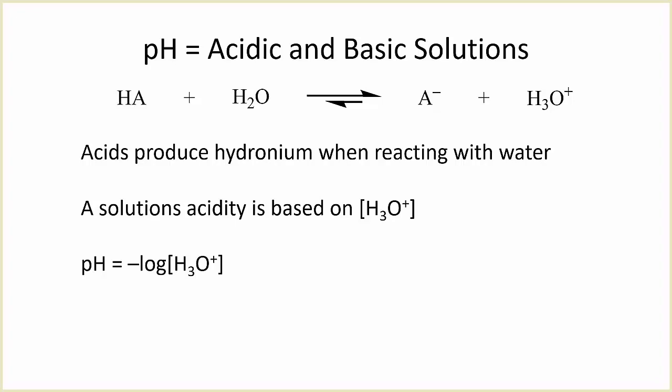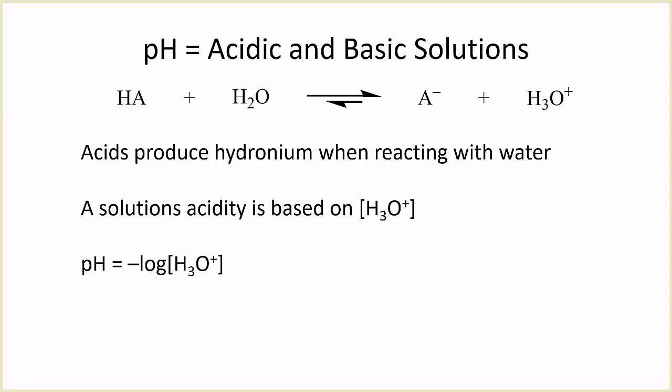To give a little background, when you have an acid, in this case I just called it HA, and H2O is the base, then the acid donates, and so it becomes A minus, and the water accepts, and so it becomes H3O plus. This is the hydronium ion.